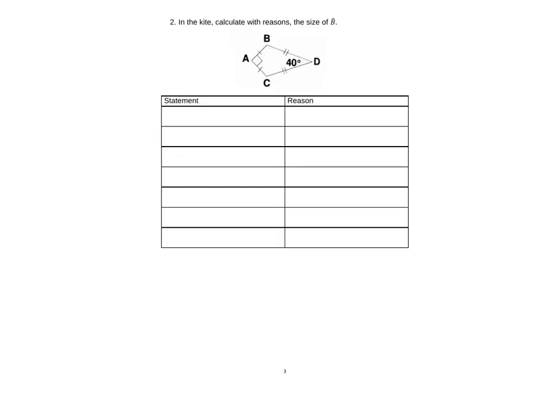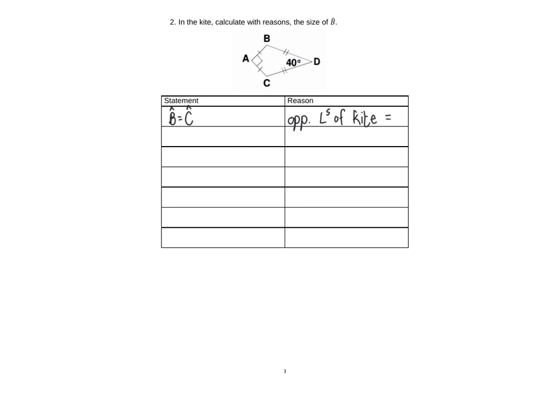In the kite, calculate with reasons the size of angle B, and then we know that B is equal to C, being the opposite angles in a kite which are equal. So we can go ahead and then just state that angle B is equal to angle C, because they are the opposite angles of your kites, which are equal.